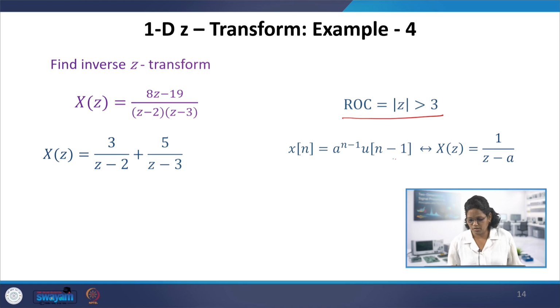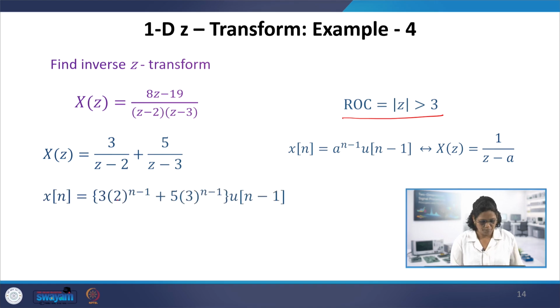So in that case, what is the transform? For a power n minus 1, x of z is 1 by z minus a. We can see the same case here as well, 3 by z minus 2 and 5 by z minus 3. So 3 into a power n minus 1 into u of n minus 1, where a is 2 here, so 2 power n minus 1, and the 3 comes out as such in the inverse Z transform.